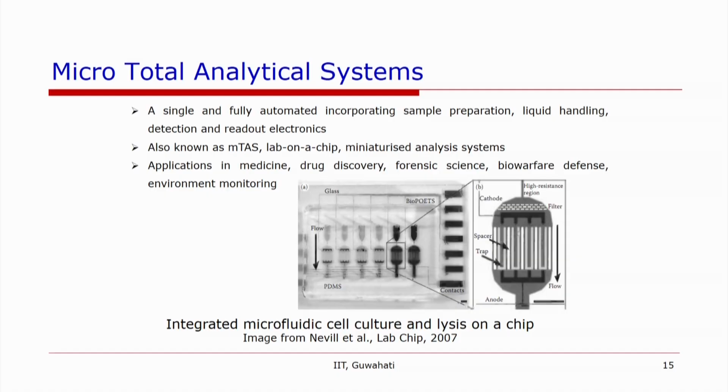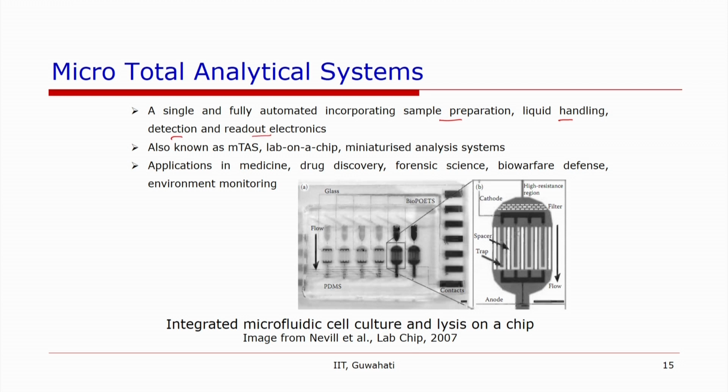Okay. Another application, of which we just saw an example for DNA analysis, is called micro total analytical system. In analytical chemistry, one needs to go through different stages: sample preparation, liquid handling, detection, and reading out the electronics.